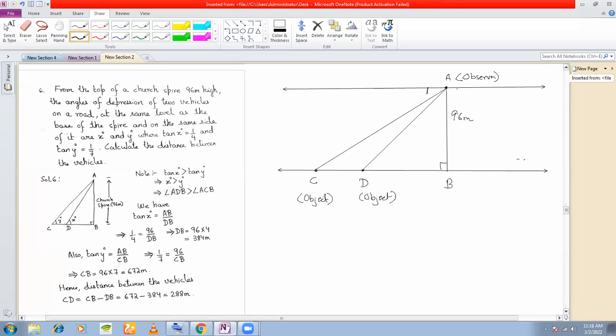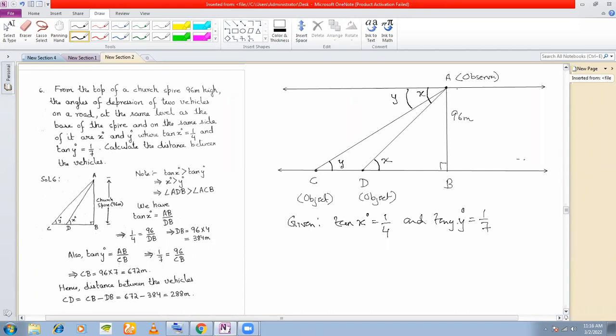So let's say this is the x degree angle here, and this is the y degree angle here, right? If this is x, this must be x also, alternate angles, and this one must also be y, right? So given here, tan x degree is equal to 1/4 and tan y degree is equal to 1/7, right?